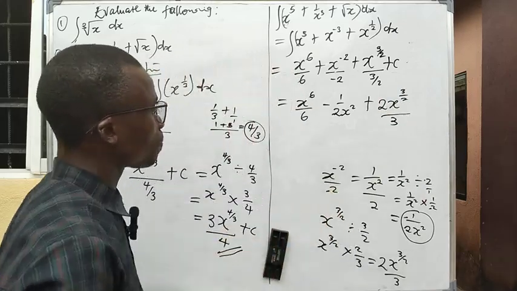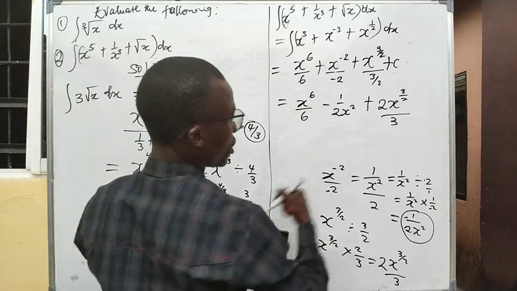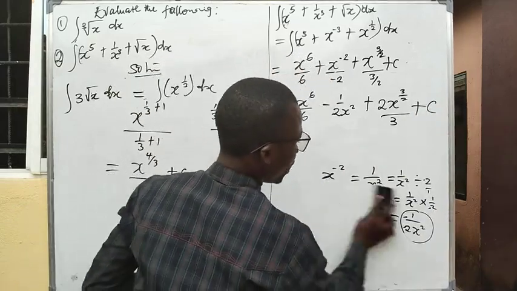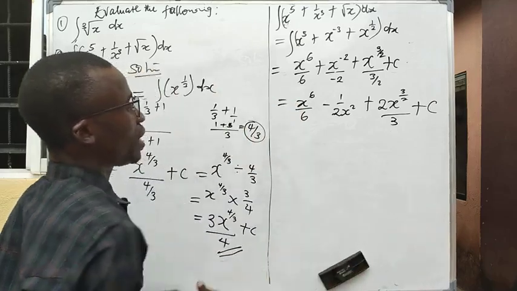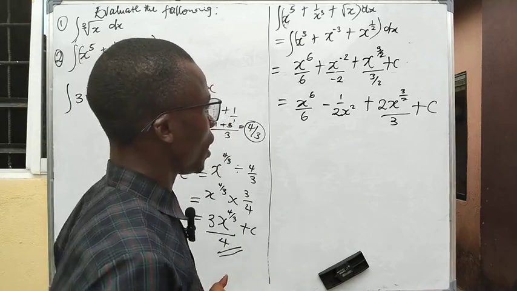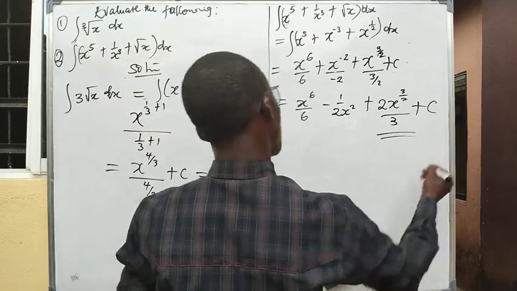Okay, so having done this, nothing else. So you remember your plus C. Nothing else will divide. Let's check. There is nothing else that can divide. So you can possibly leave your answer this way.